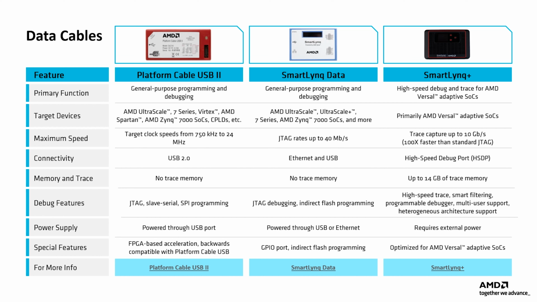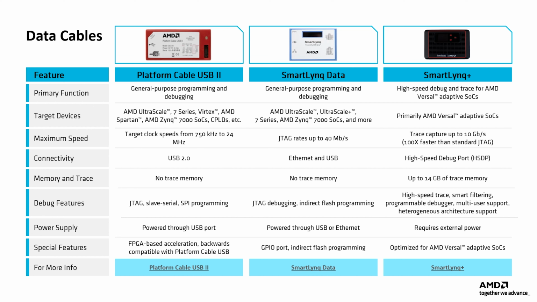Additionally, HSDP supports debugging and configuring multiple devices in a system. Its high-speed GT-based interfaces, like the integrated Aurora interface in the PS block or the PCIe interface in the CPM block, ensure efficient functionality. Now, moving on to SmartLink Plus.